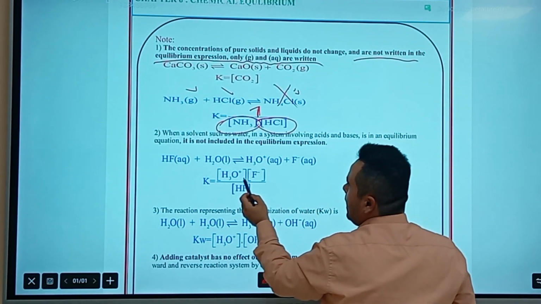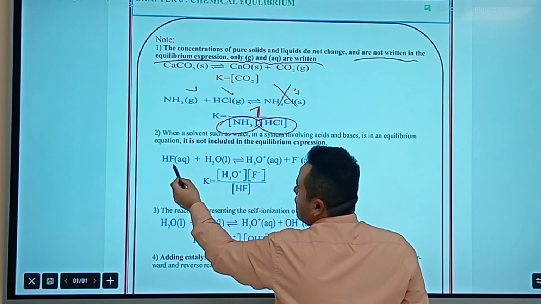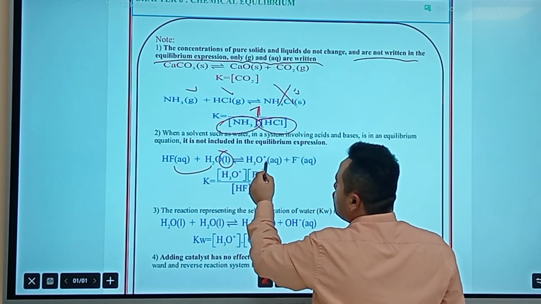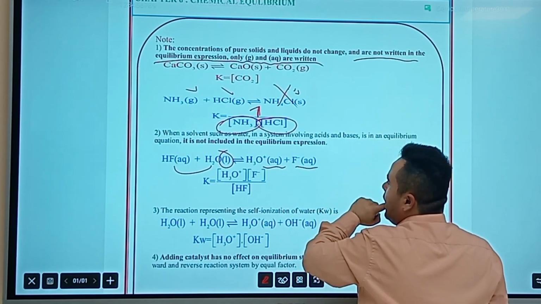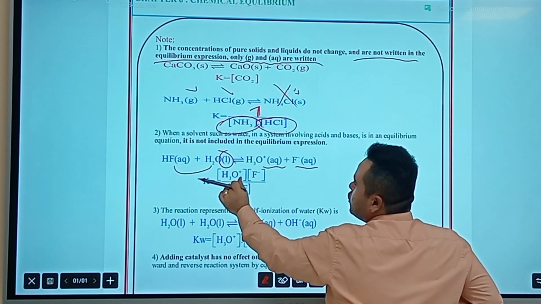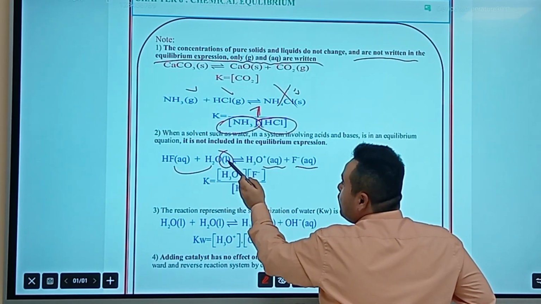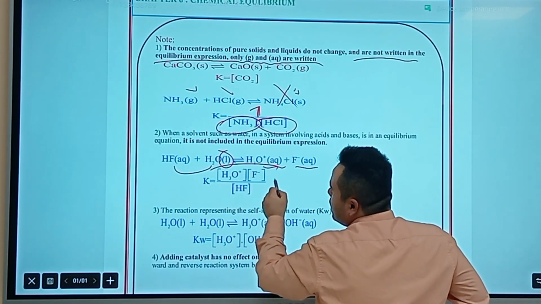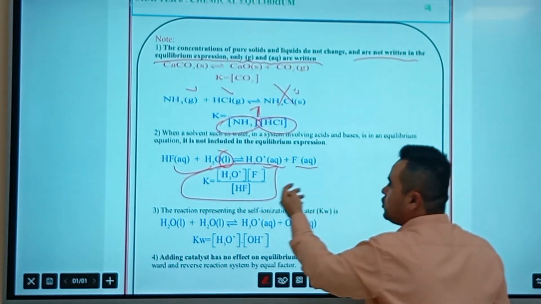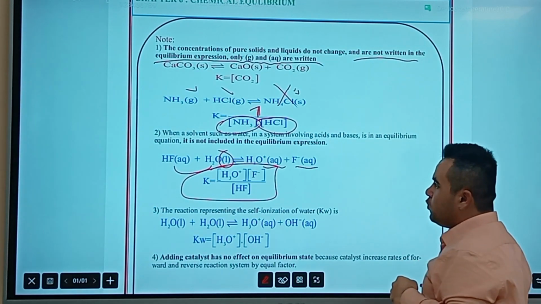Again, for the ionization of HF, where HF is aqueous, it reacts with H2O, which is liquid, to form hydronium and F aqueous. The aqueous hydronium and F are included in the equation, but the liquid H2O is not included. So when we write the equilibrium expression for this equation, we do not include the water.